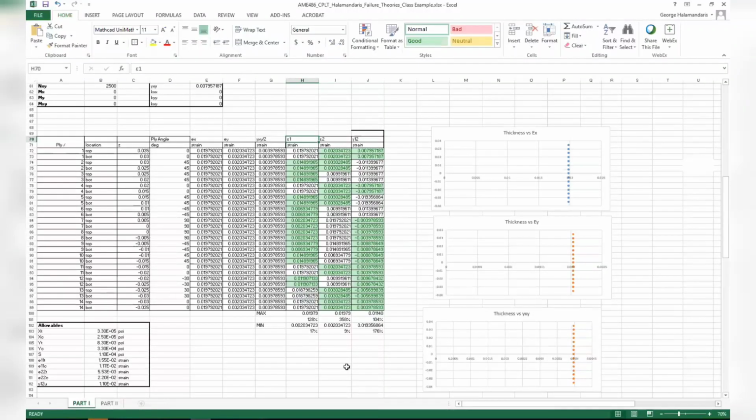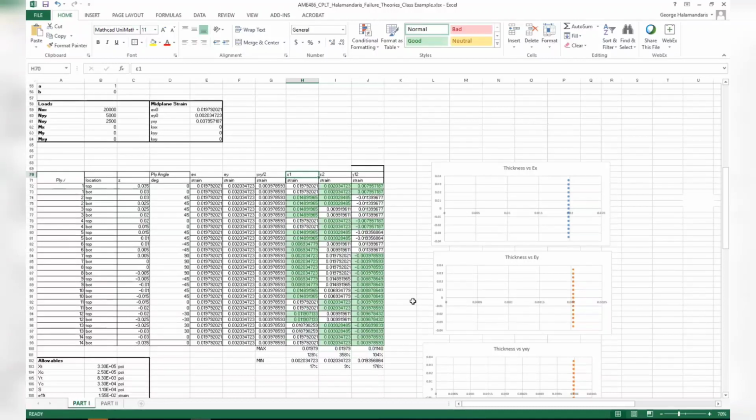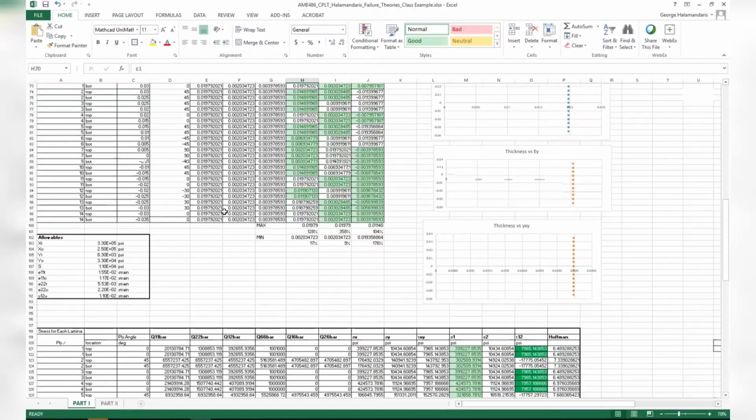One thing I did here that was convenient for visualization is I used the conditional formatting tool to color my plies or my strains green if they're passing, and you could also color them red if they're not passing. That does present a decent visualization tool, so you can vary A and B. But before I go, I will cover one more thing.